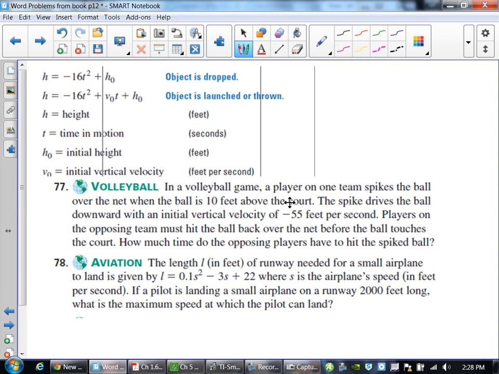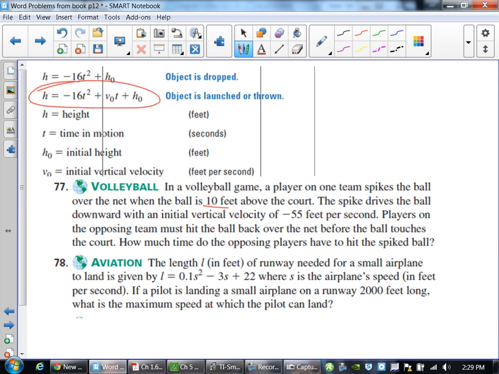That tells you a couple things. It also tells you that it has a downward initial velocity of negative 55 feet per second. So right off the bat, they're telling you that you have some initial velocity, which means you have to use the second model because it's being hit downward as opposed to being dropped.